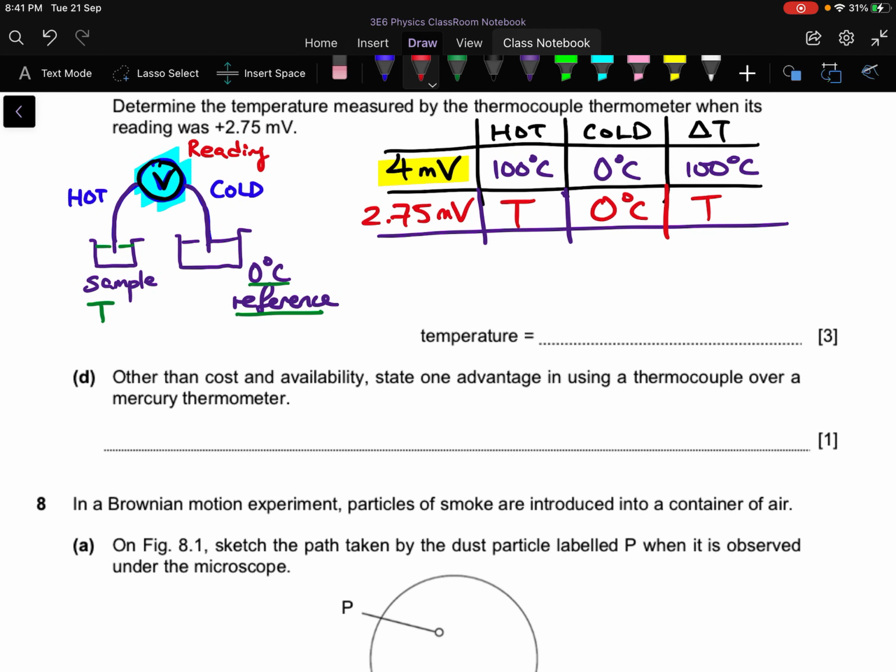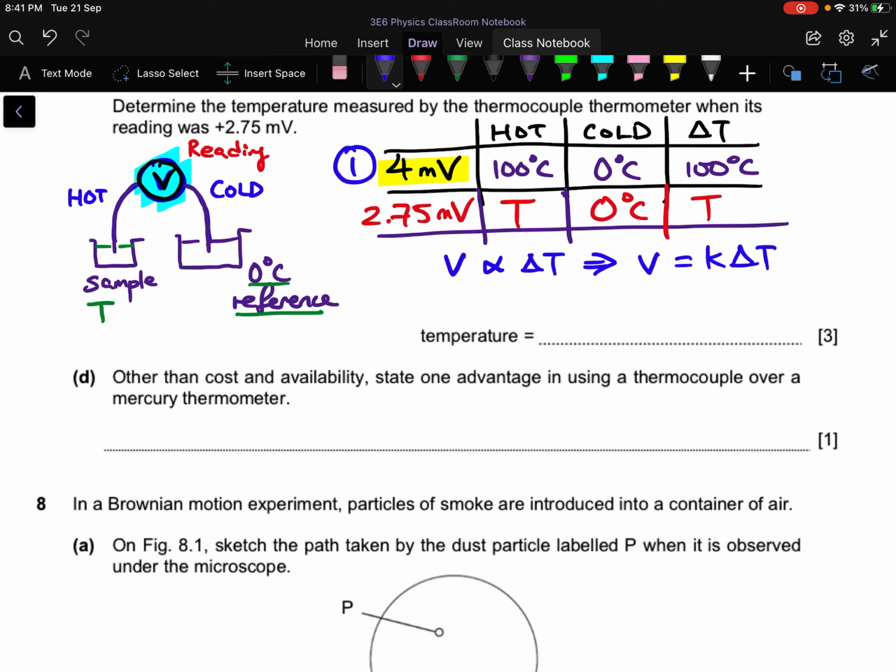It is quite straightforward, so I can use directly proportional. My V is directly proportional to the change in temperature. This is content knowledge. You should know that thermocouple behaves like this. If it is directly proportional, then the math becomes like this.